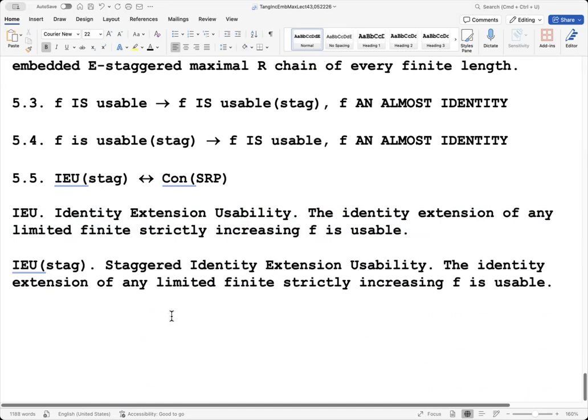The identity extension of any limited finite strictly increasing F is usable stag. That's it.